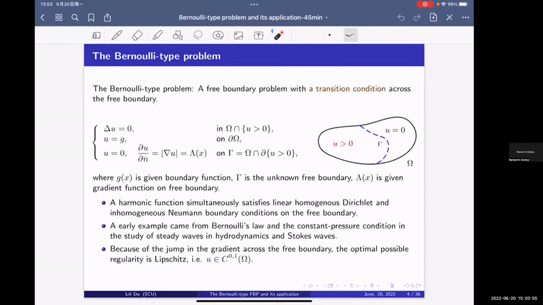Our example came from Bernoulli's law and the constant pressure condition, which we will introduce in the following, in the study of the steady water wave and the Stokes wave. It should be noticed that because of the nontrivial jump in the gradient crossing the free boundary, the optimal possible regularity is Lipschitz of u.